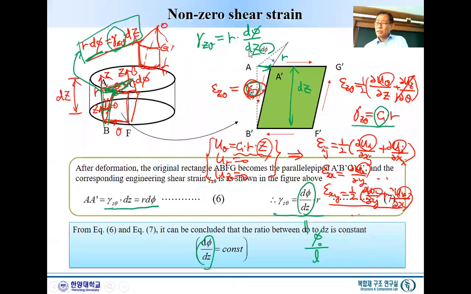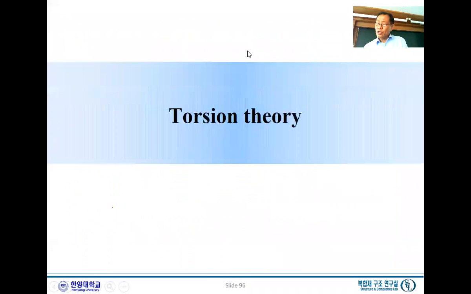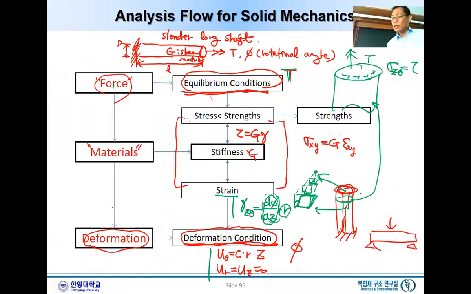I can write down here the equilibrium equation: T, torque, will be, remember tau dA is the force, and you need to multiply R. That is the equilibrium. So this tau will be here, and then G will be the stiffness. Where is the gamma? Gamma we already have. So gamma goes here, and tau goes here, and this is the torque we externally apply.